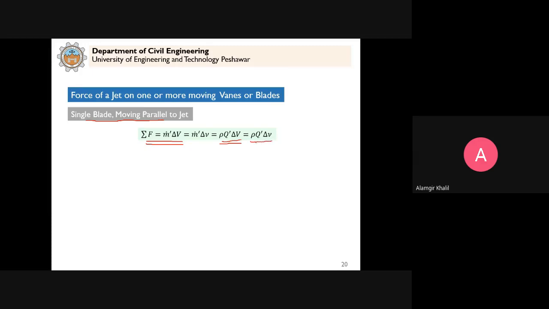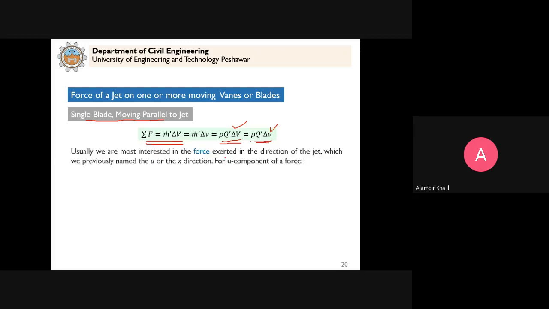Change of relative velocity or change of absolute velocity, you will get the same answer in the u direction. So the summation of forces in the u direction is equal to rho Q dash into the change of absolute velocity in the u direction.